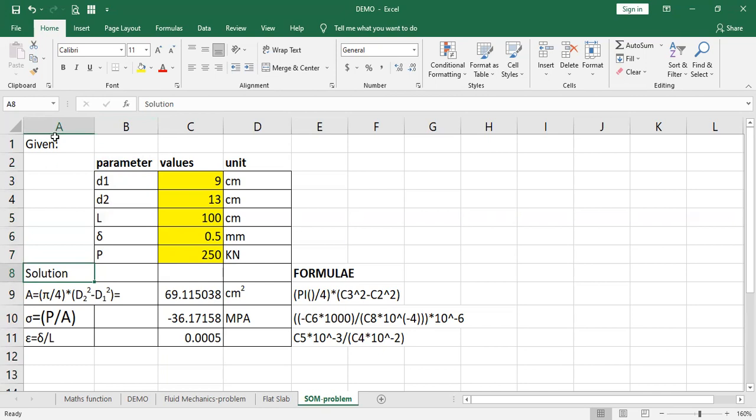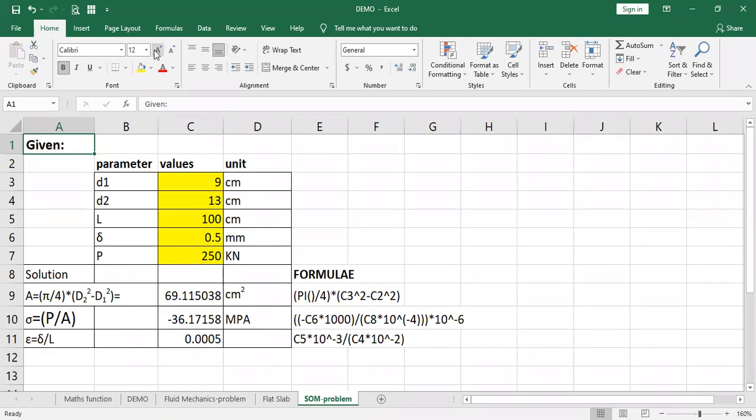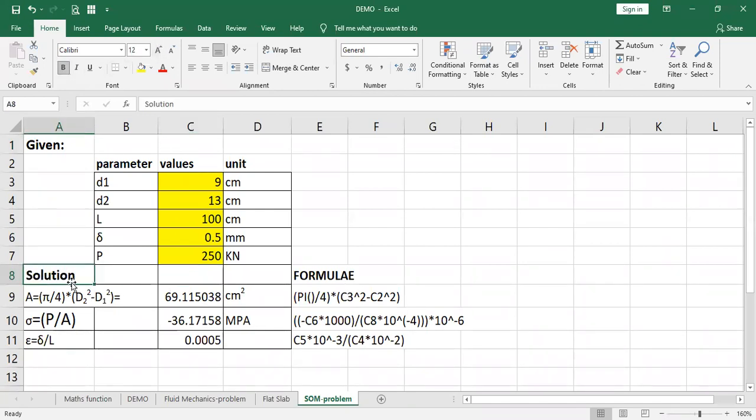Now for the solution, click on this part, click on bold, and increase the font size. Again, solution, make it bold, increase the font size. Now we have the formula. The formula for area is pi by 4 into D2 square minus D1 square, while for stress the formula is P divided by A, and strain is delta divided by L. So you have to calculate area, stress and strain.